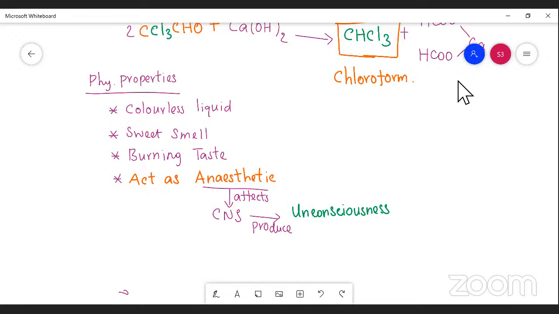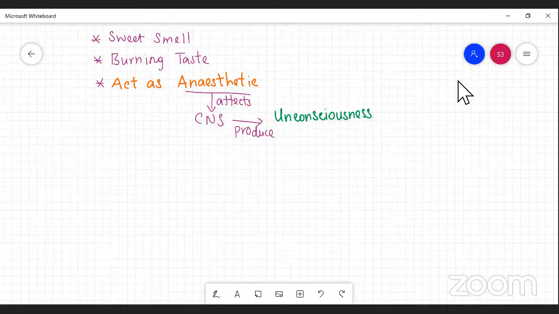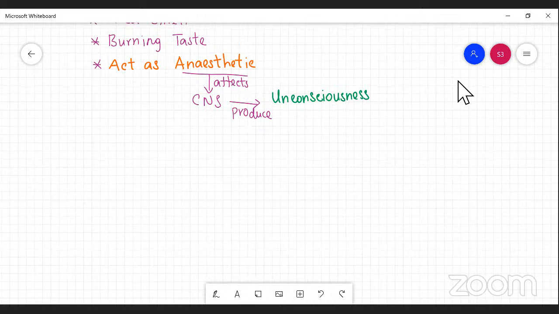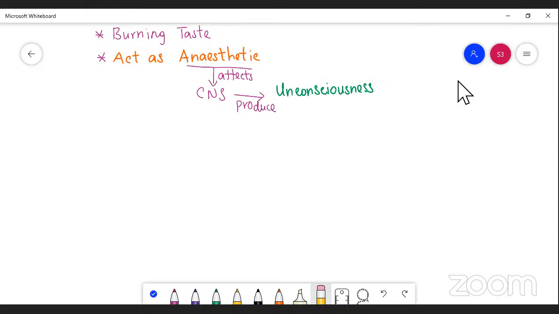Because on oxidation it produces a poisonous gas, phosgene. So we will take the chemical properties. Listen, here we are taking the chemical properties of why it does not act as an anesthetic for human beings.